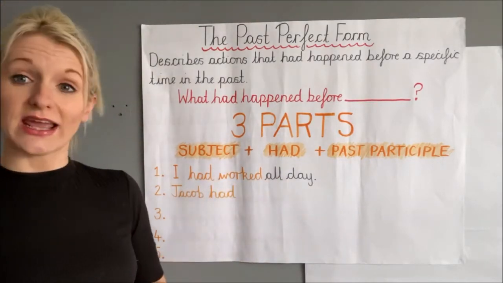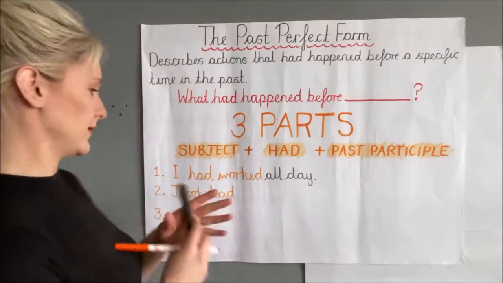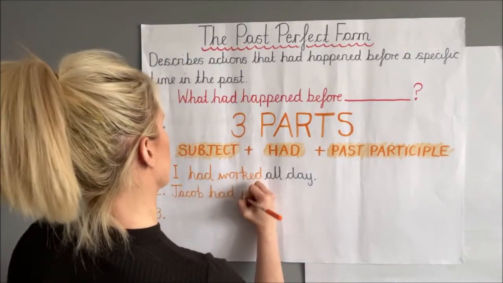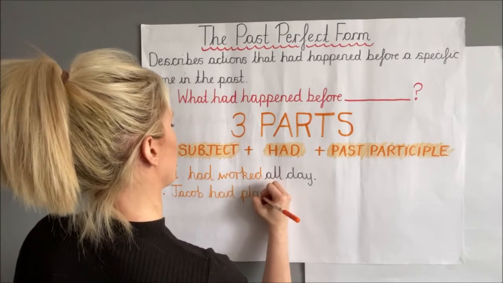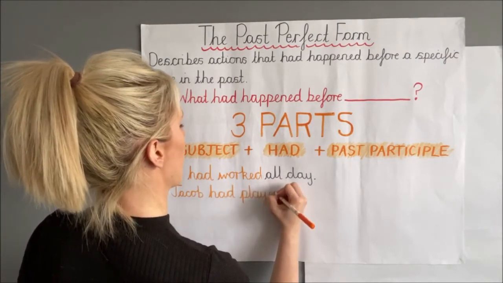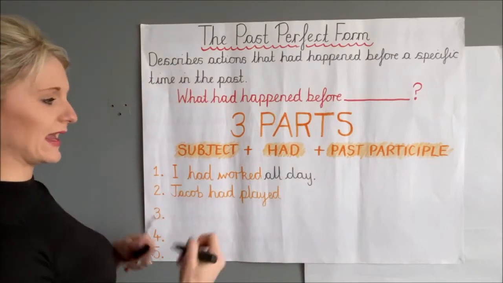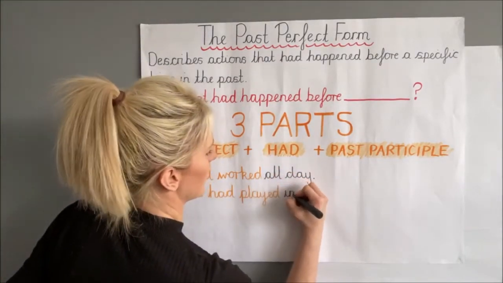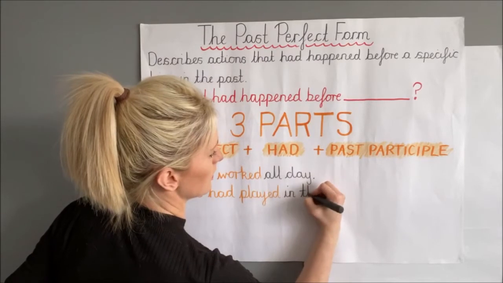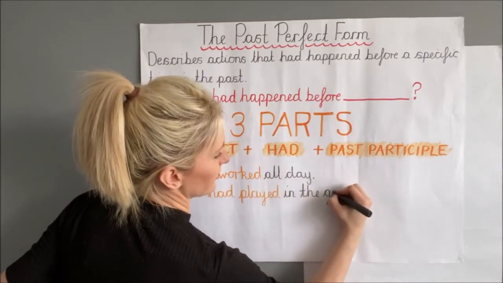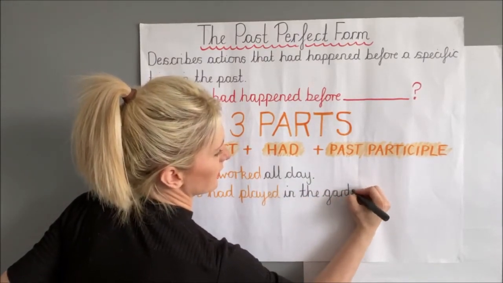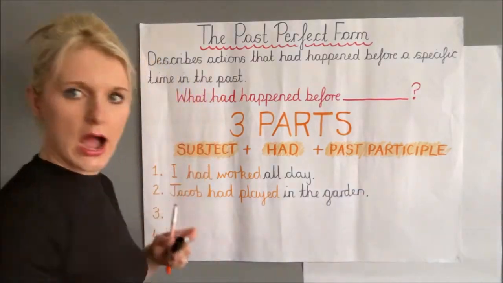And I'm going to say Jacob had played. Okay, it's another nice regular one. It comes from the verb to play, and it becomes played. Jacob had played in the garden, because even though I still think it's freezing, he wants to be outside all the time.